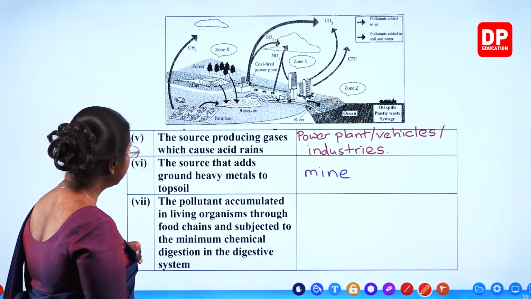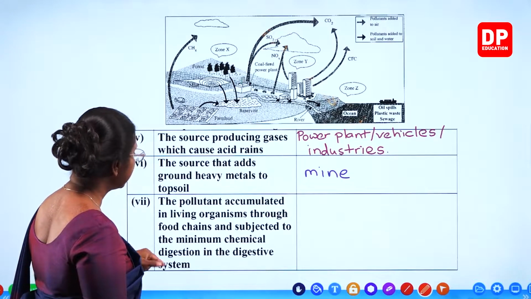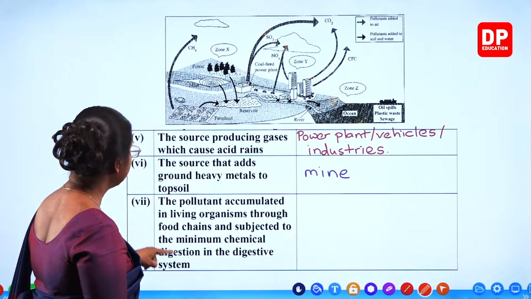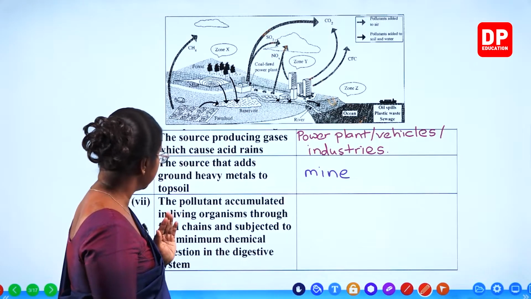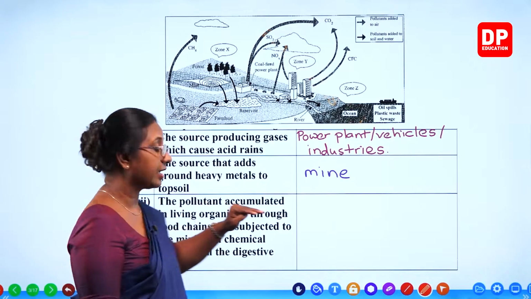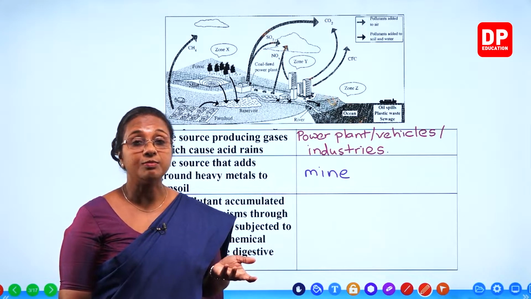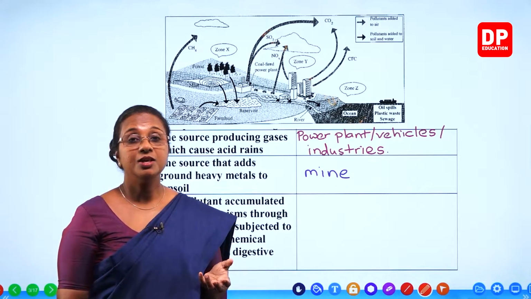7th one, the pollutant accumulated in living organisms through food chains and subjected to the minimum chemical digestion in the digestive system. So minimum digestion in the digestive system, and also they accumulate through the food chain. So those are the bioaccumulated substances. They are non-degradable normally. What are they?